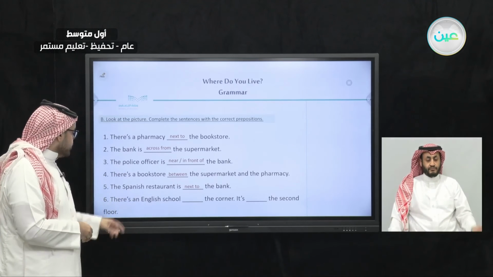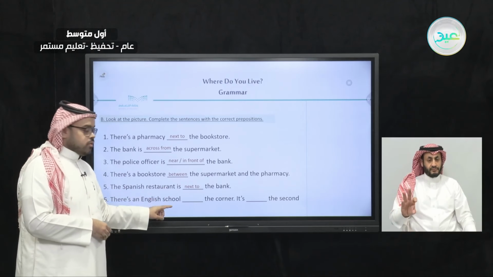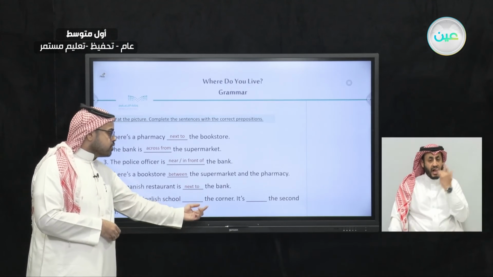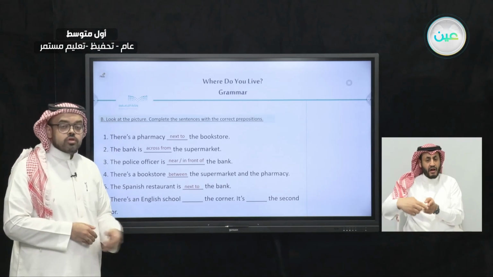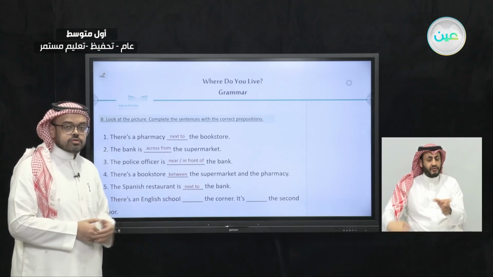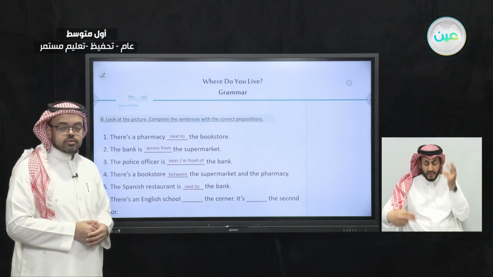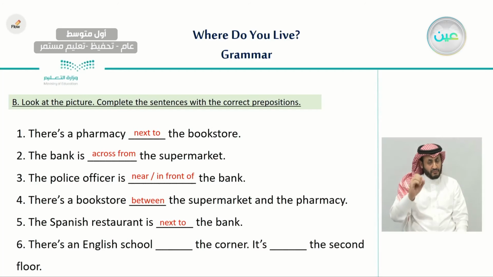The last one, there is an English school, blank the corner. It is blank the second floor. So what preposition should we use here for the first one? Very good. Here we would use on. There is an English school on the corner, and it is blank the second floor.